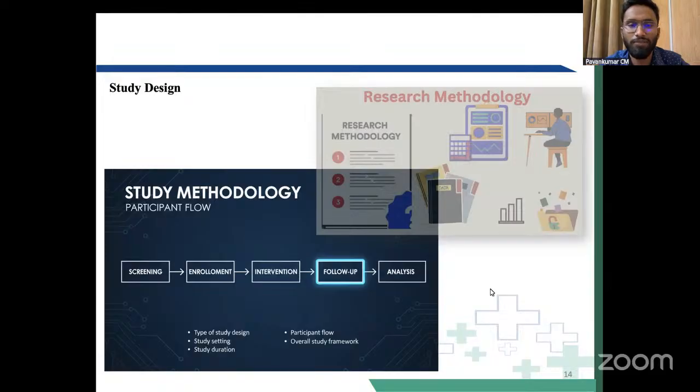That is nothing but follow up, not just taking the data of a subject today and not following up. So we have to specifically follow up for each patient, and analysis is very important at the end of the research. So all these things should be mentioned clearly.